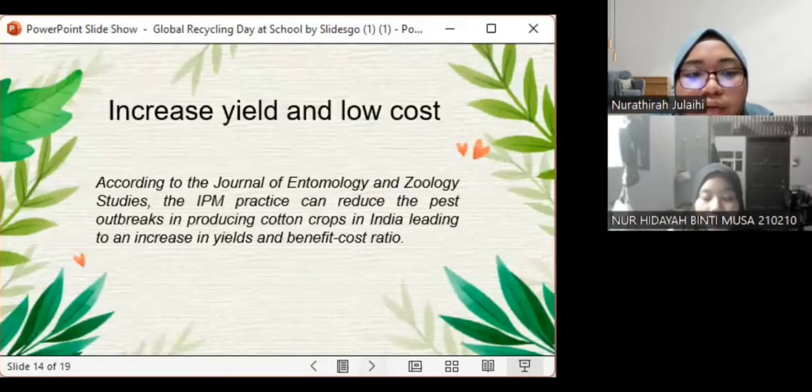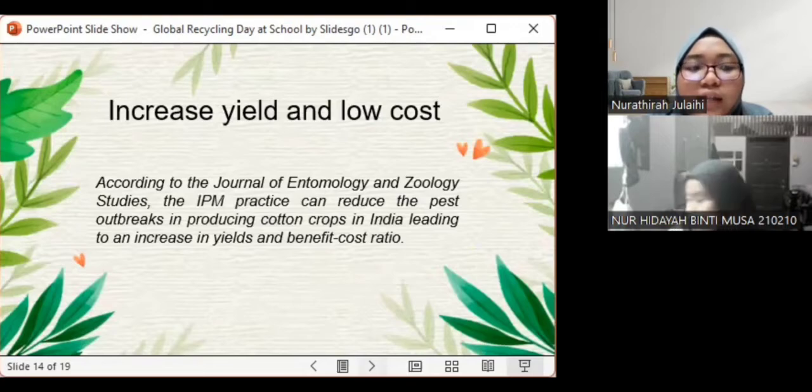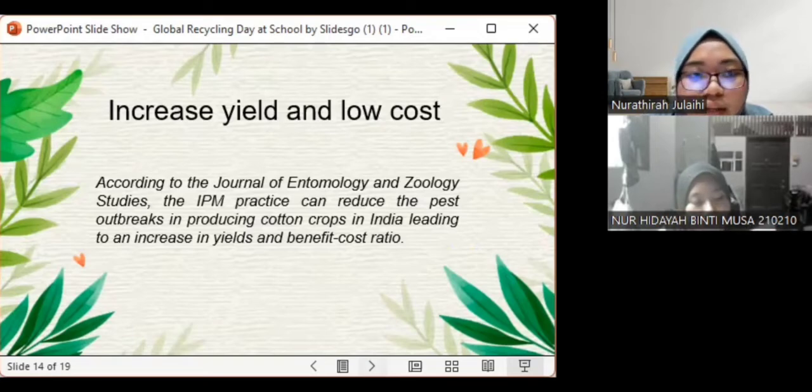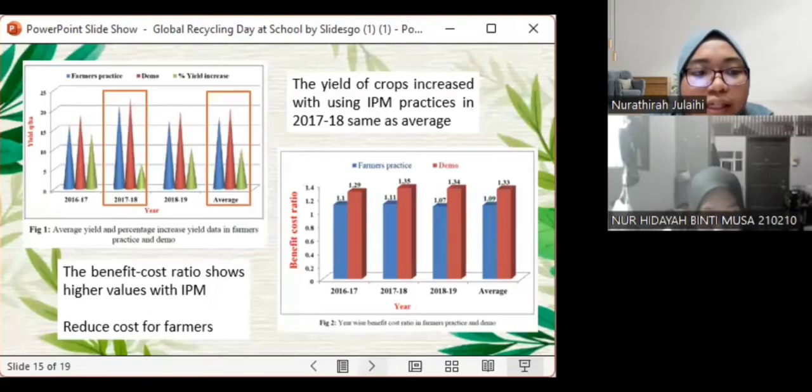According to the Journal of Entomology and Zoology Studies, the IPM practice can reduce the pest outbreak in producing cotton crop in India, leading to an increase in yield and benefit cost ratio. Next. You can see the graph from this article.